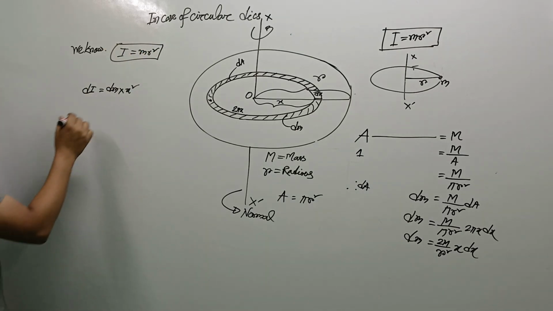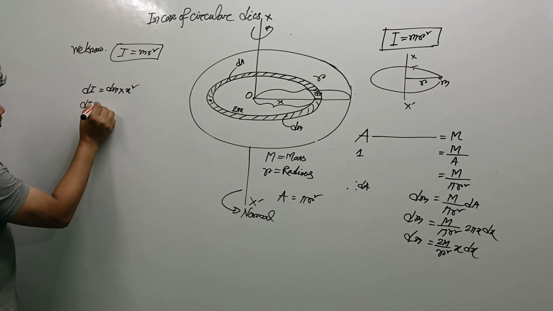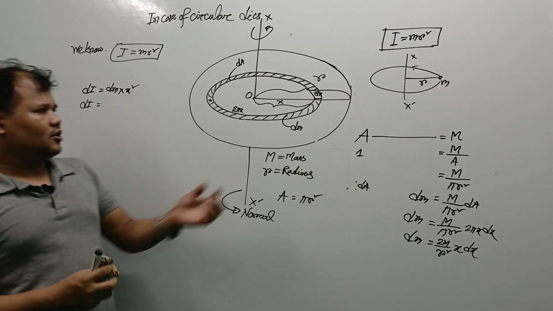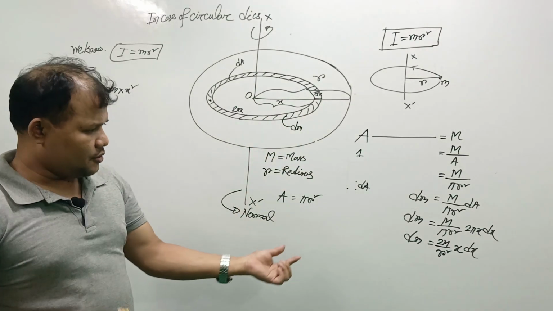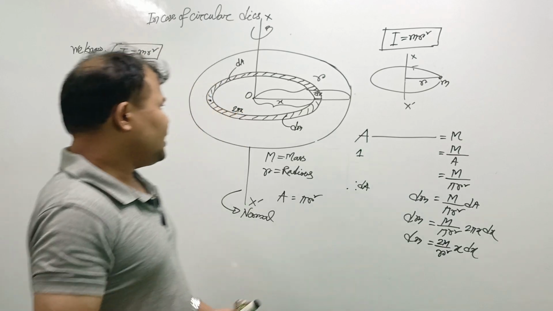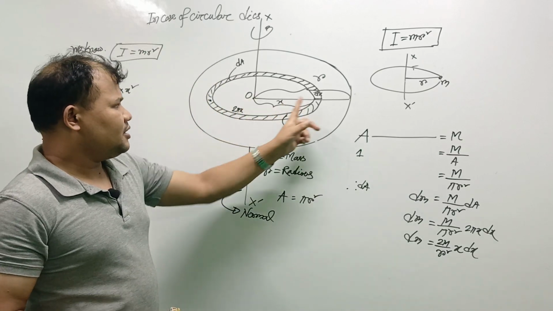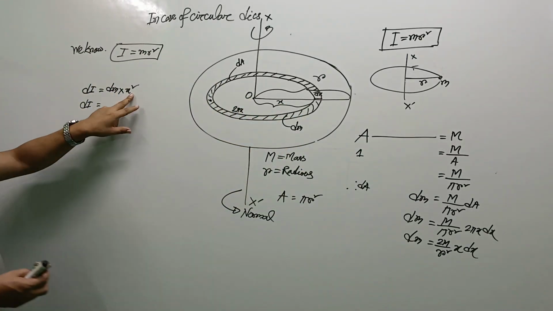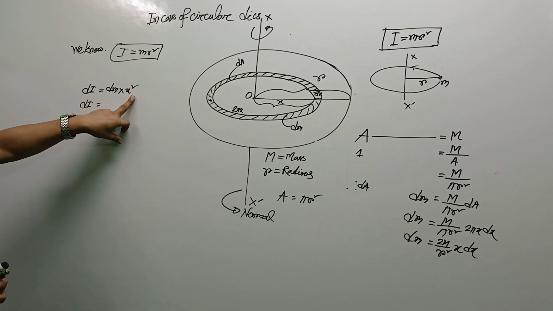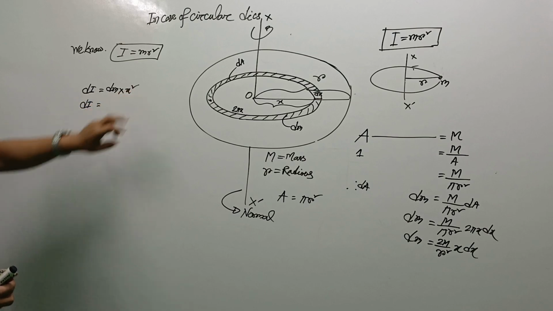As we apply it to this very smallest section dm, we already found the mass dm, and we multiply by the perpendicular distance square, x square.